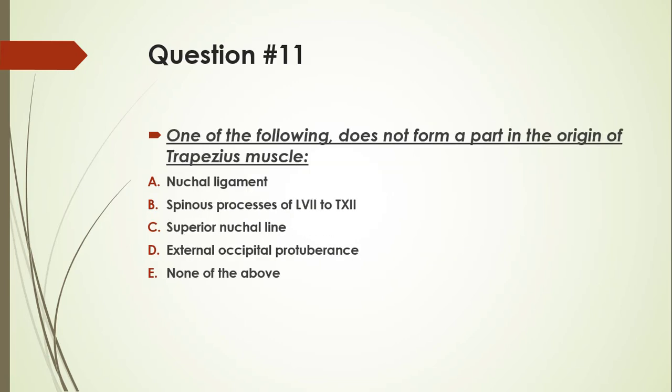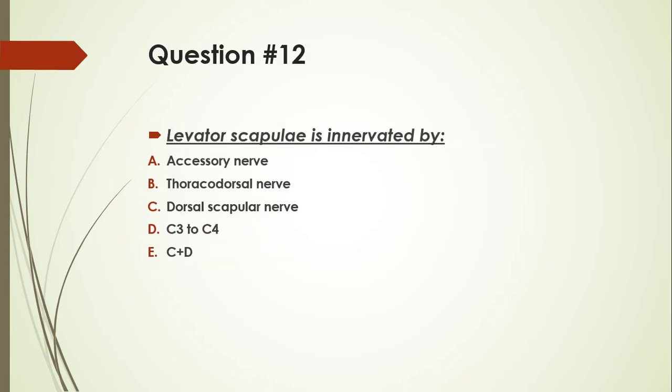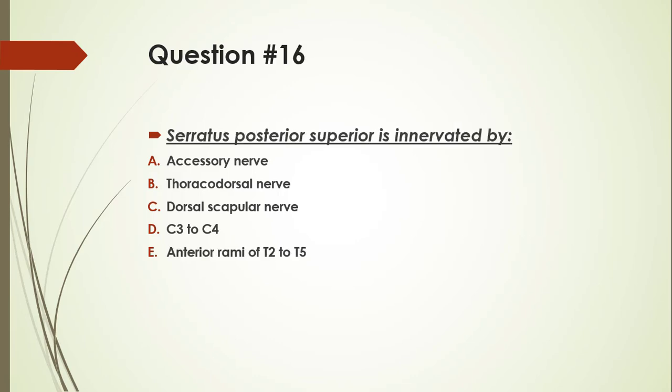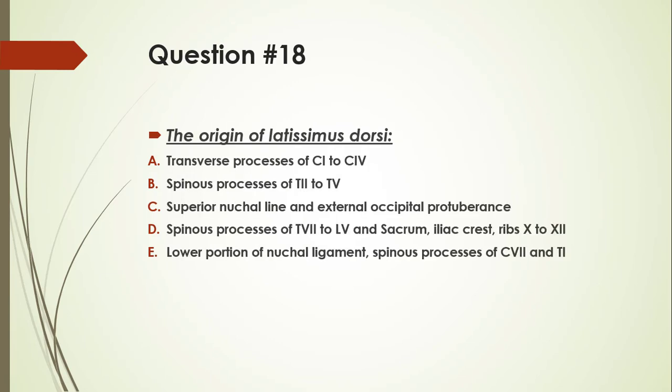One of the following does not form a part in the origin of trapezius muscle. Levator scapulae is innervated by... The motor innervation of trapezius muscle is by... The rhomboids are innervated by... Latissimus dorsi is innervated by... Serratus posterior superior is innervated by... Serratus posterior inferior is innervated by... The origin of latissimus dorsi, the origin of levator scapulae.